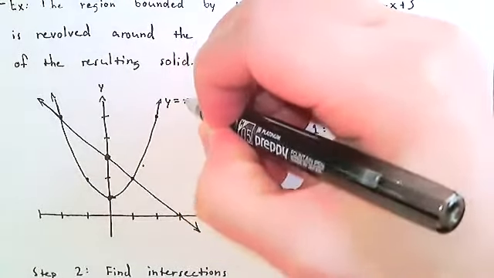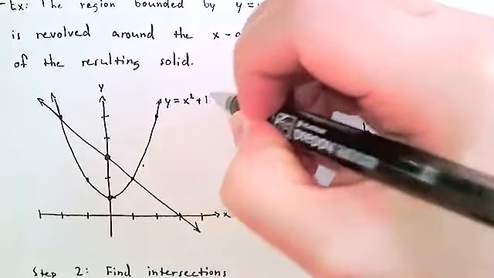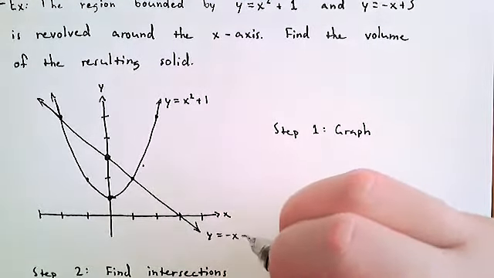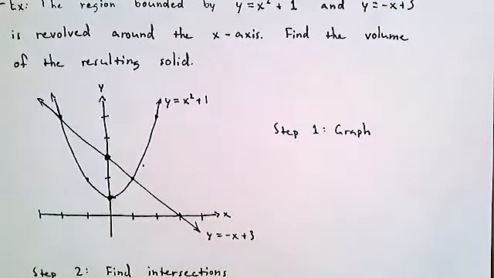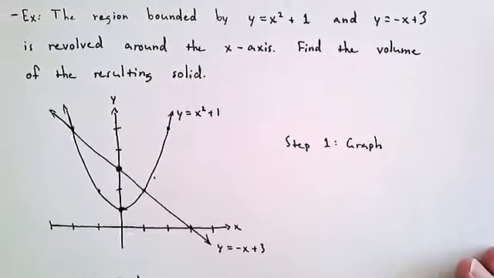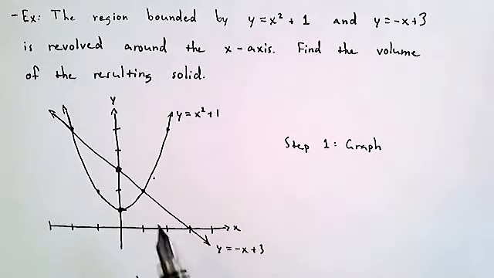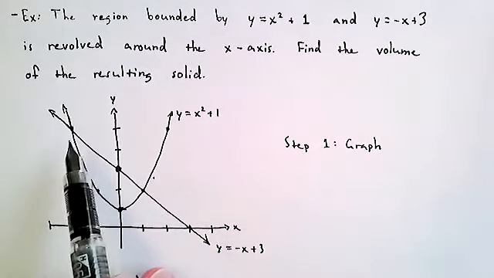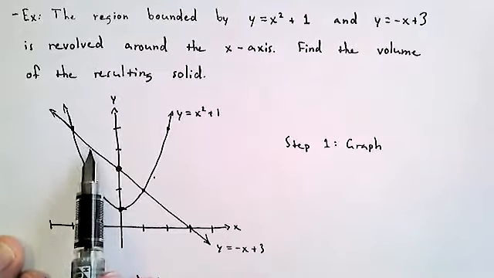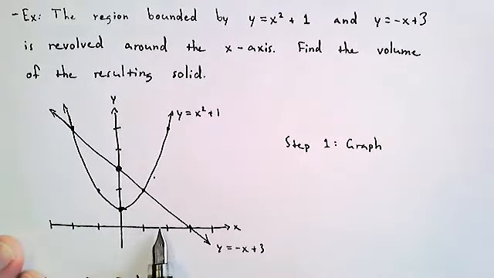So y equals x squared plus 1 for the parabola, and then y equals minus x plus 3 for the line. And now we have a pretty good picture, and since I chose these curves to make this example, we can actually see where the intersections are. These intersections are going to form our bounds on our integral, because we need to know where to integrate.